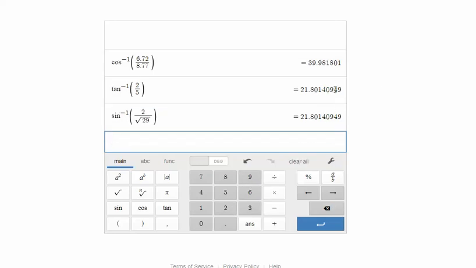I'm just showing you that there's multiple ways to solve the same question if we're trying to find the measure of an angle. The only time that we use this inverse trig function right here with the -1 is if we're working backwards to find out how big an angle is inside of the triangle.